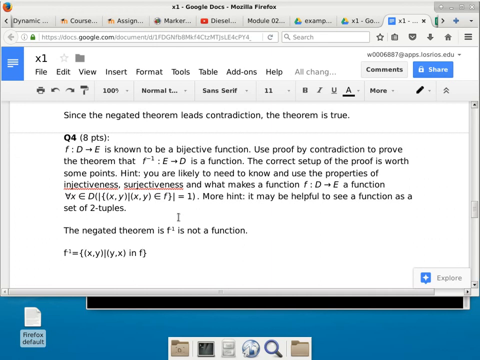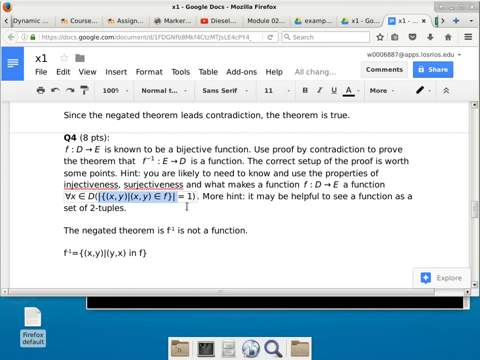It will violate that particular rule because there is only one thing in the domain in this case, 0, and when you look at the set of how 0 can map to something in F, it maps to 1, it maps to 2, it maps to 3. So the cardinality is now 3. It is not 1. As a result, F inverse in this particular example is not a function.